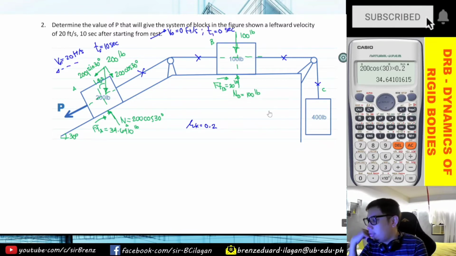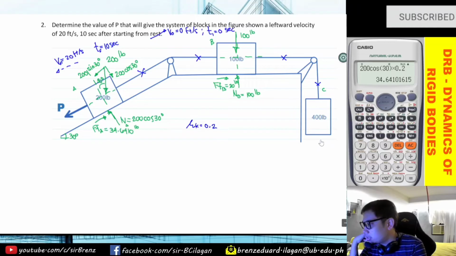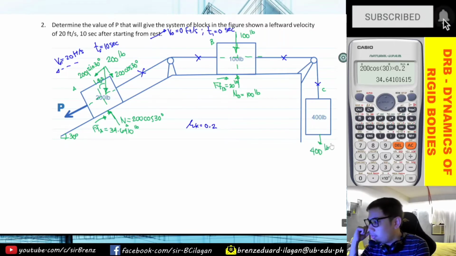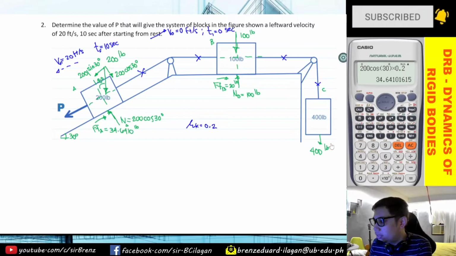Okay, so ano pa ba? So for block C, we have here the weight just acting downward na 400 pound. So what other forces should we consider?